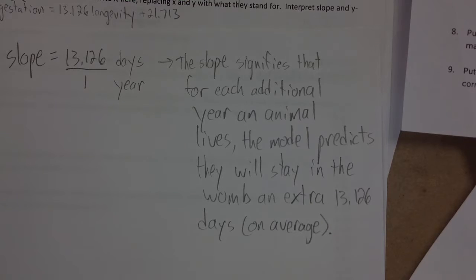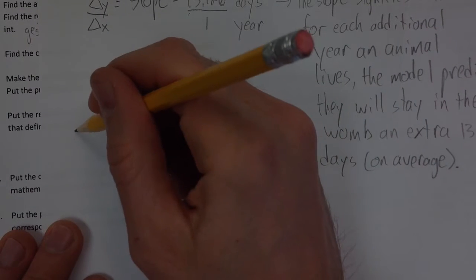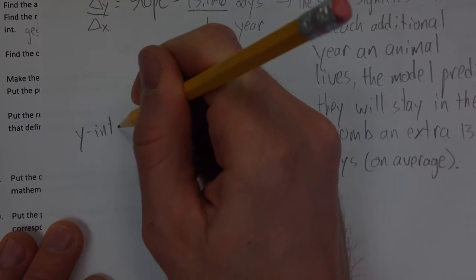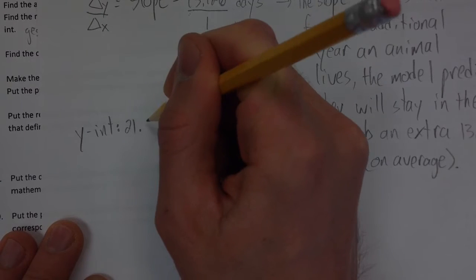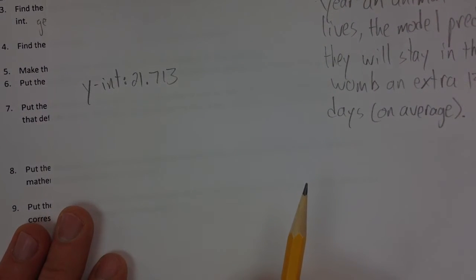Then we need to interpret the y-intercept, 21.713. Kilograms, pounds, coulombs. What is it? Yes.